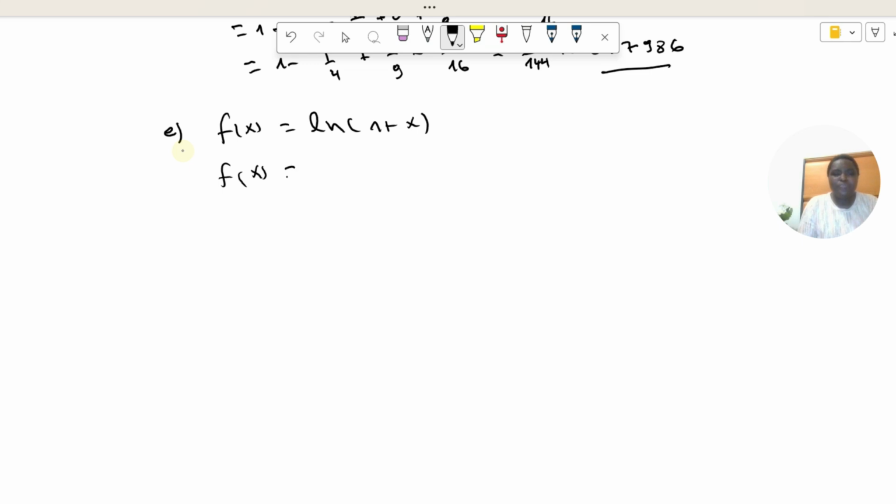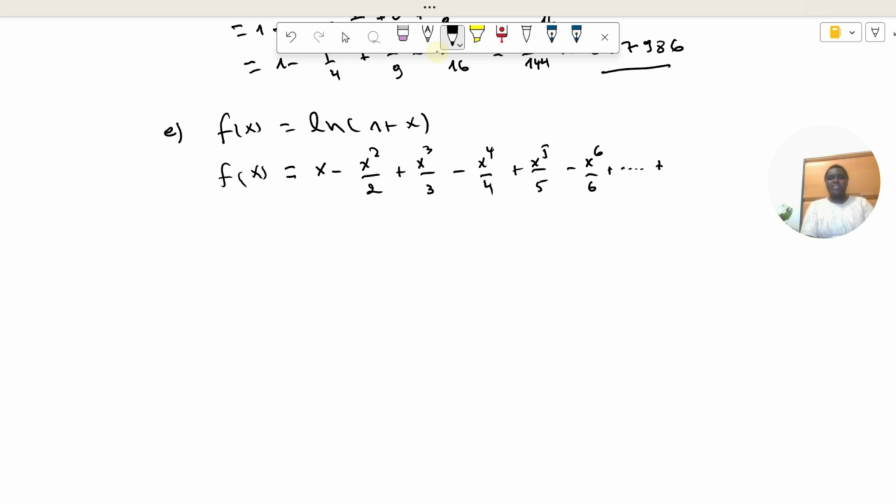The first four non-zero terms were x minus x squared over 2 plus x power 3 over 3 minus x power 4 over 4. And if we continue, we will have plus x power 5 over 5 minus x power 6 over 6, and so on.